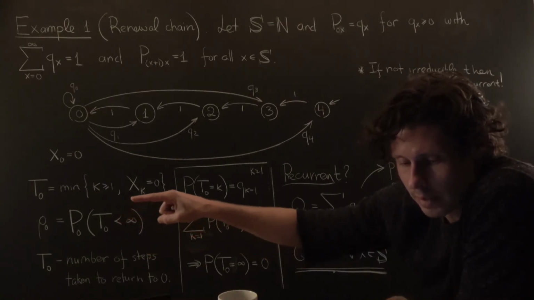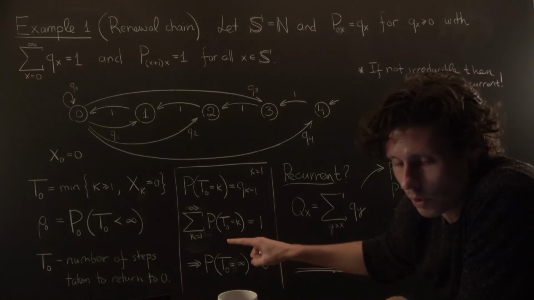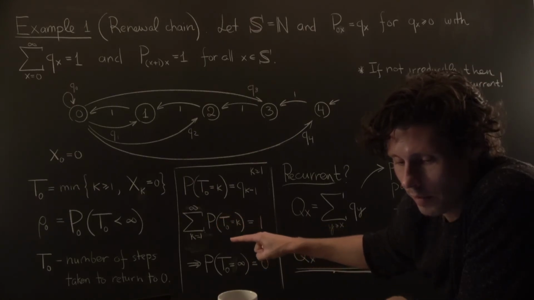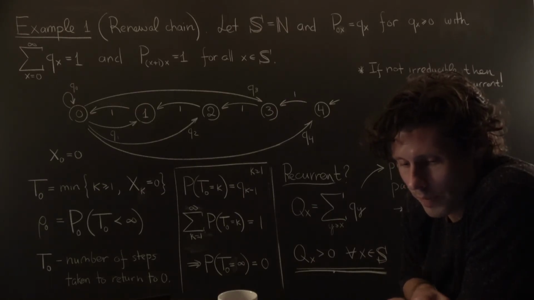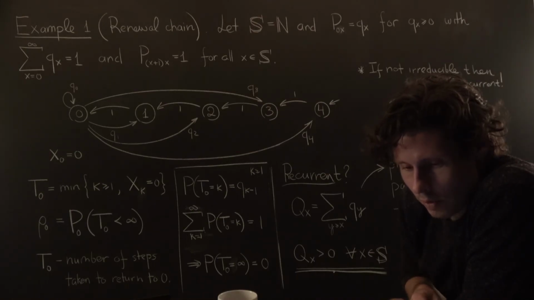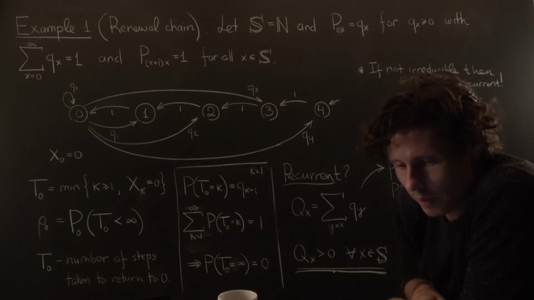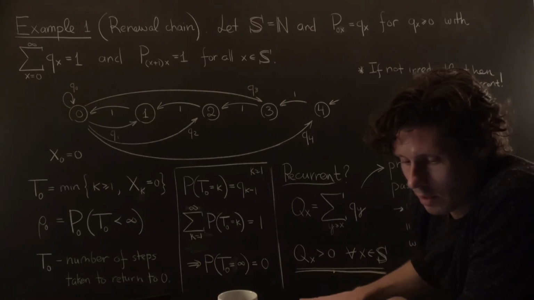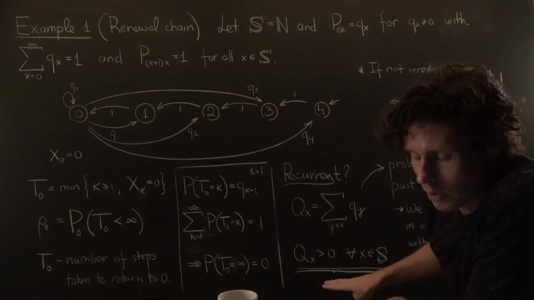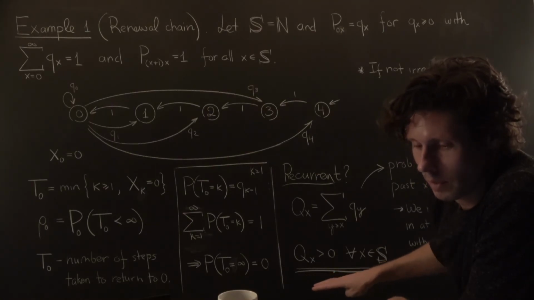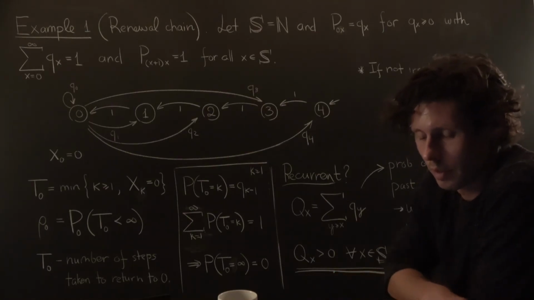So the event that T naught is less than infinity is the union over events of the form T naught is equal to k over all natural numbers greater than or equal to 1. So we've just argued that the state 0 is in fact recurrent, and because the chain is irreducible, all states are recurrent, and so no extra conditions are needed besides this one to argue for the recurrence of the renewal chain.